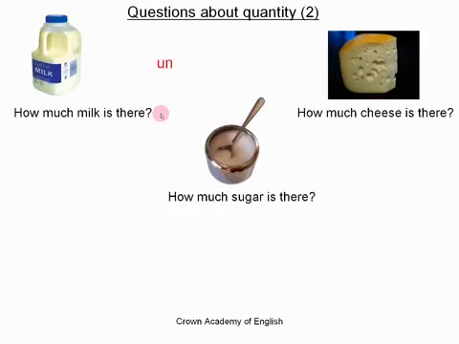Now this time, all of these nouns are uncountable nouns. So we cannot count uncountable nouns. They are not separate objects, and they are always in the singular. You can notice they are always in the singular. Milk, cheese, sugar.